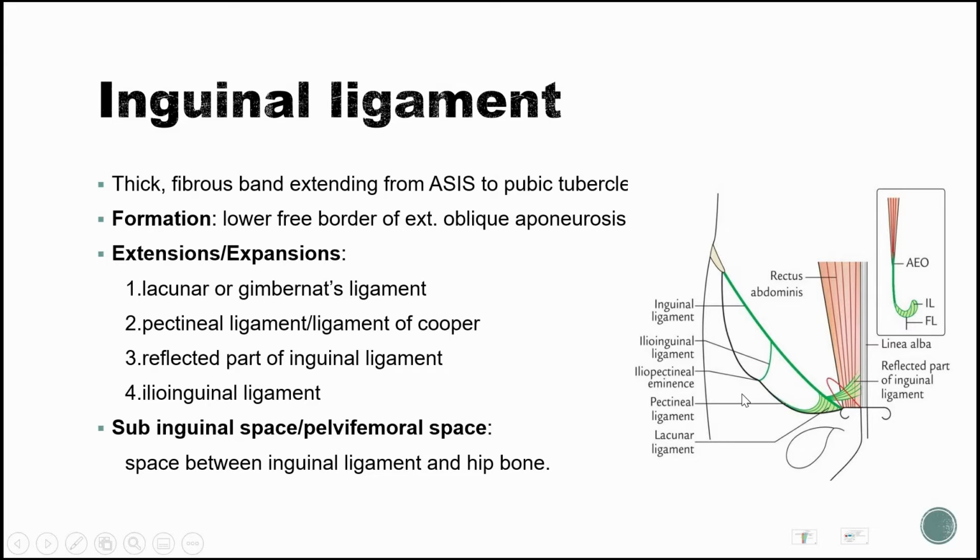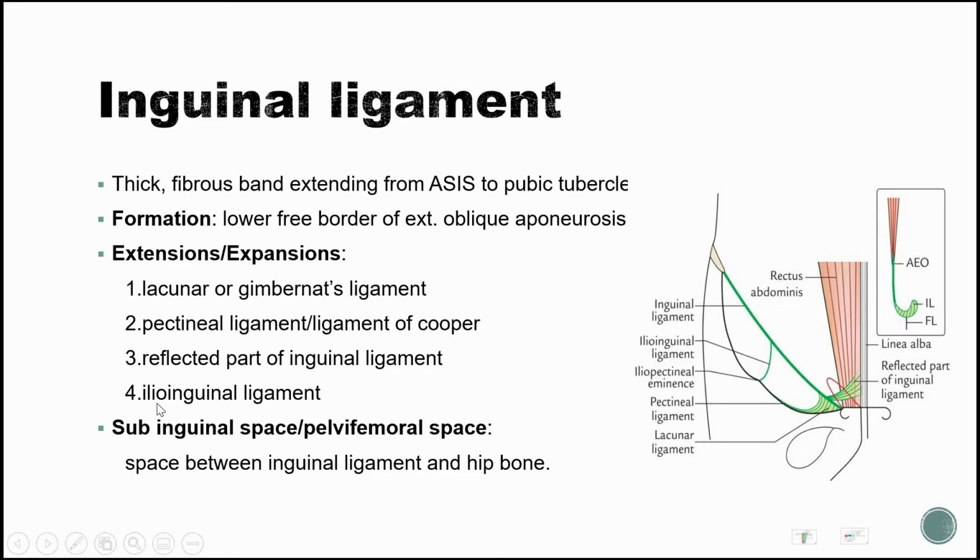We also have the reflected part of the inguinal ligament. As the name says, it is reflected posteriorly from the medial end of the inguinal ligament, and it expands upward and medially, and it lies behind the superficial inguinal ring, which you can see here.